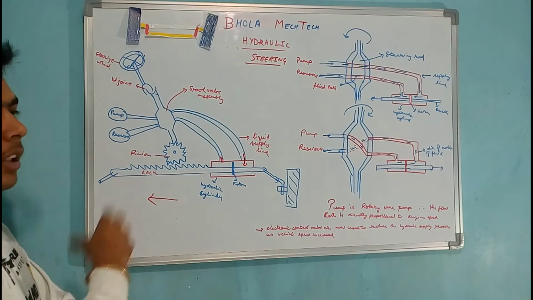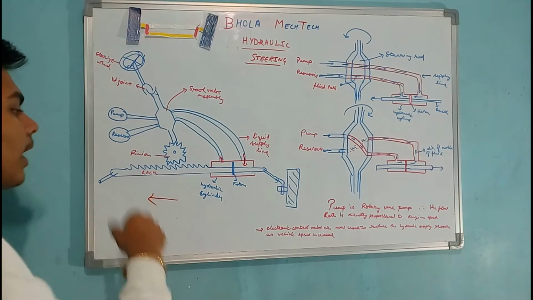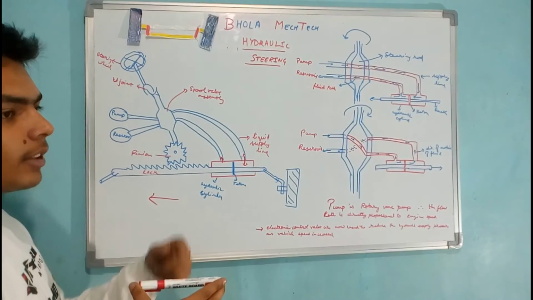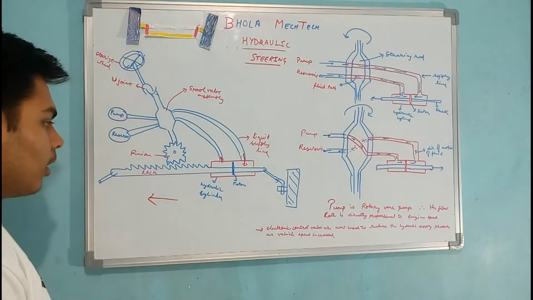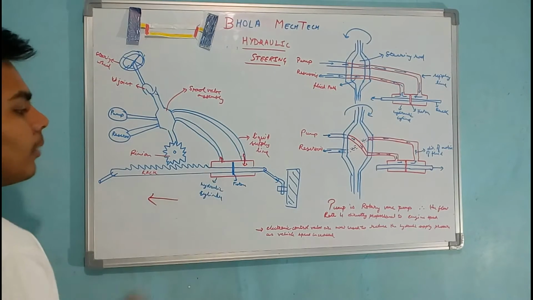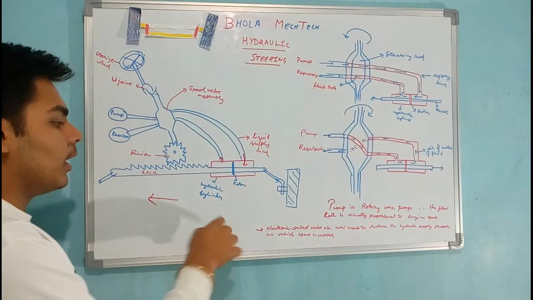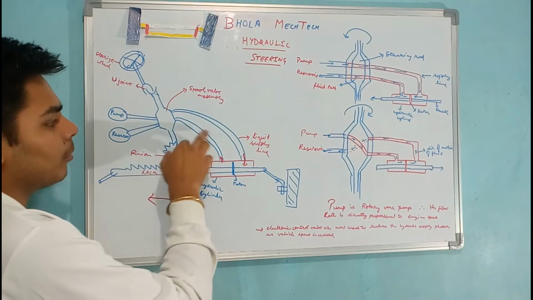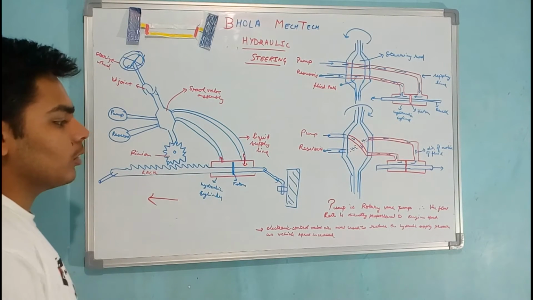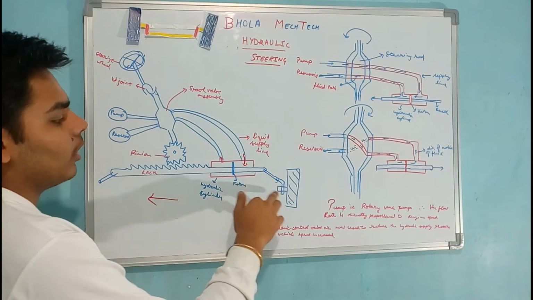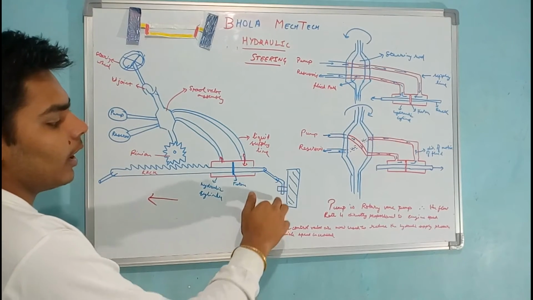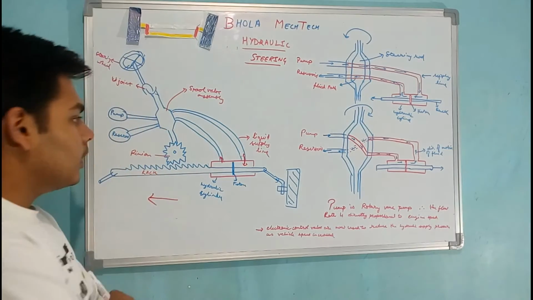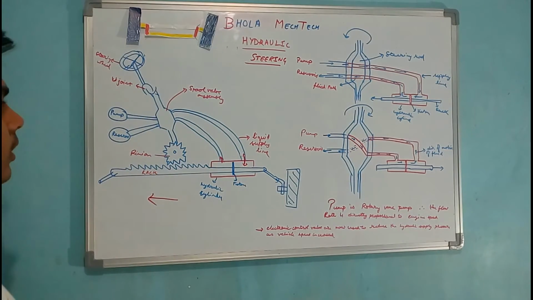The pinion is a normal spur gear, and the rack is a cylindrical rod having some gear teeth on it. The rack also has a hydraulic piston and a hydraulic cylinder. There are some fluid supply lines also. Then the rack is connected to the tie rod, then the knuckle arm, and then to the spindle and wheels. So these are the components of the hydraulic steering system.